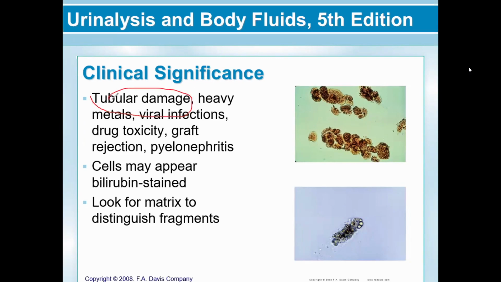For example, due to exposure of our tubules to heavy metals, viral infections, drug toxicity, graft rejections, or infections like your pyelonephritis. So let me repeat, in pyelonephritis, you will not only see WBC casts or bacterial casts, or sometimes RBC casts as well, you may also possibly see renal tubular epithelial casts. Okay? Because the tubules, the tissue of our kidney tubules, are already severely affected.